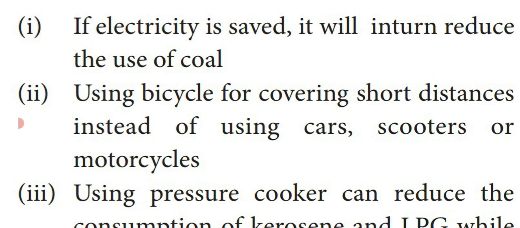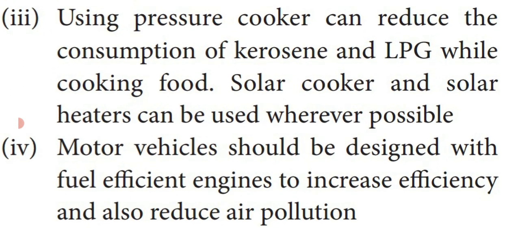Using a bicycle for covering short distances. That means, for example, if you are going to buy something from a nearby shop, we can use a bicycle instead of a car, scooter or motorcycle. Then using a pressure cooker reduces the consumption of kerosene and LPG while cooking food.